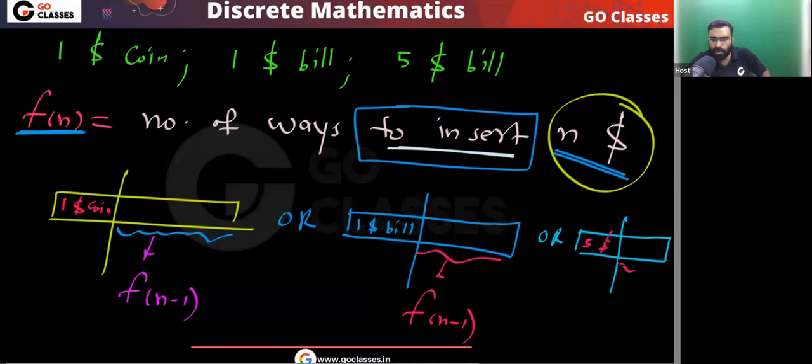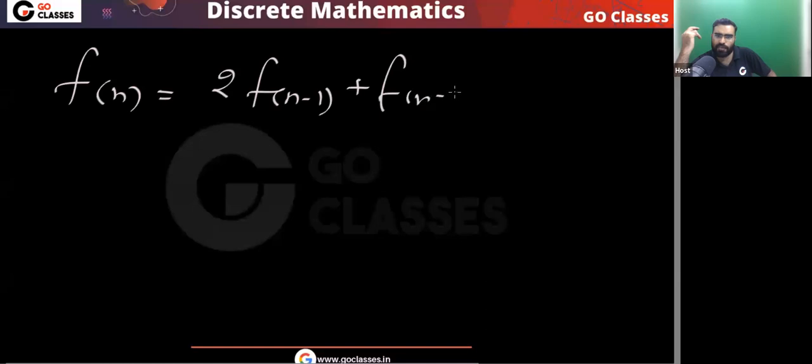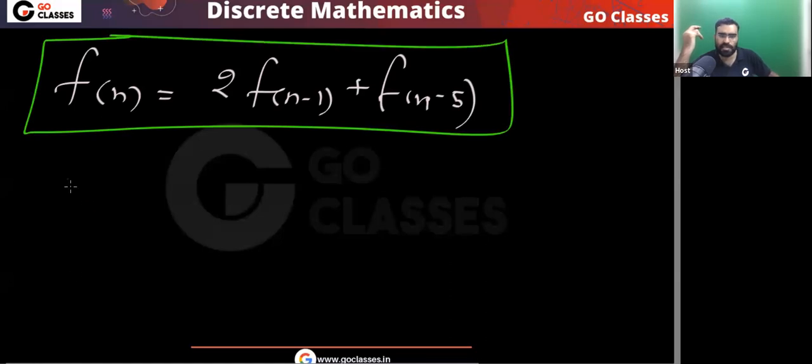If I start with a $5 bill, then I need to insert n minus 5. So your final answer will be the recurrence relation: 2 times Fn minus 1 plus Fn minus 5. Okay, so this will be your recurrence relation. Point clear?